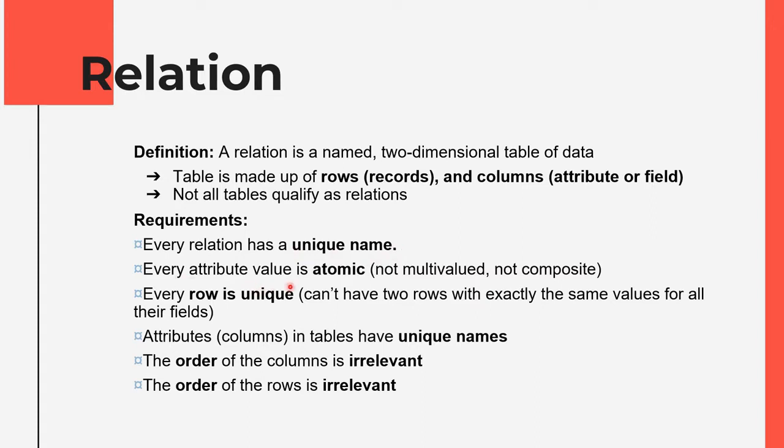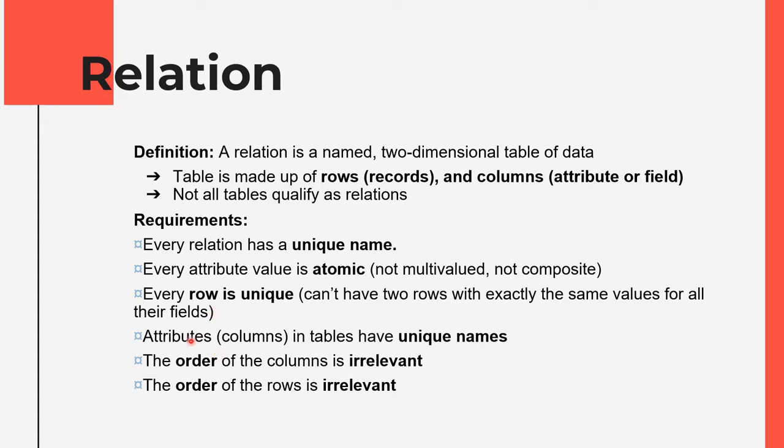Every table value is atomic, which means it is not a multi-valued or composite item. And every row is unique, which means you can't have two rows with exactly the same value for all fields. Otherwise, it would be redundant data.